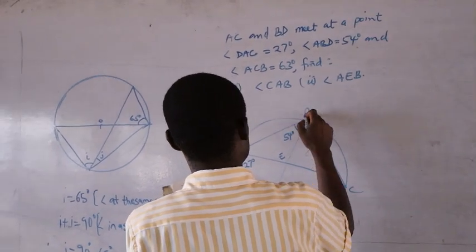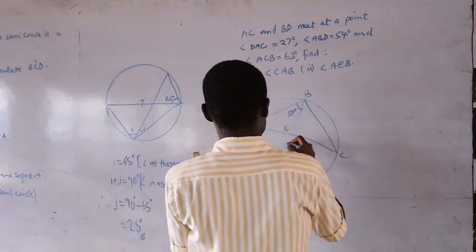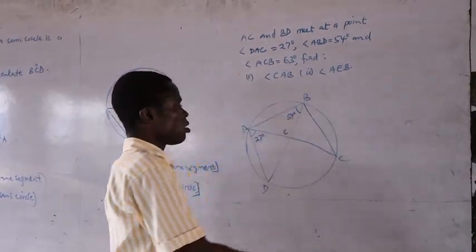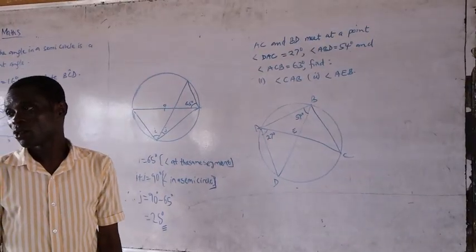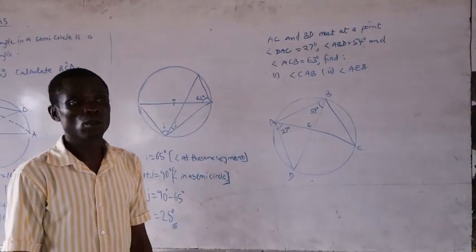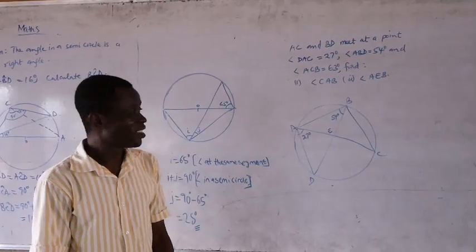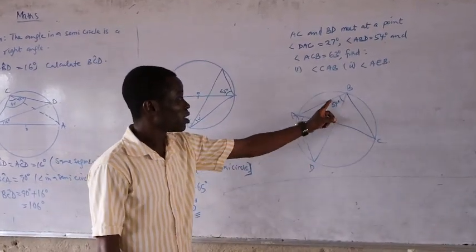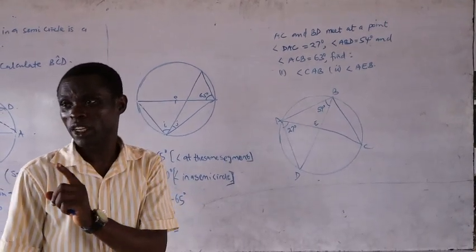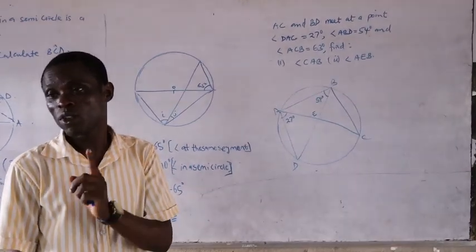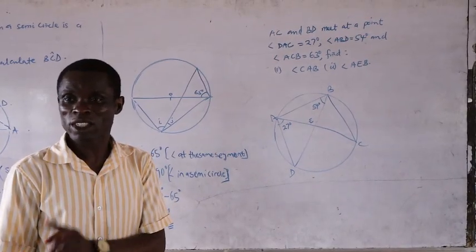C, B, A. Now, in this diagram, there's nothing like a center. So don't attempt to use angle in a semicircle equals 90 degrees. If you call this angle 90 degrees or this one 90 degrees, you are wrong. Don't forget that the line must pass through the center before you can use angle in a semicircle equals 90 degrees.